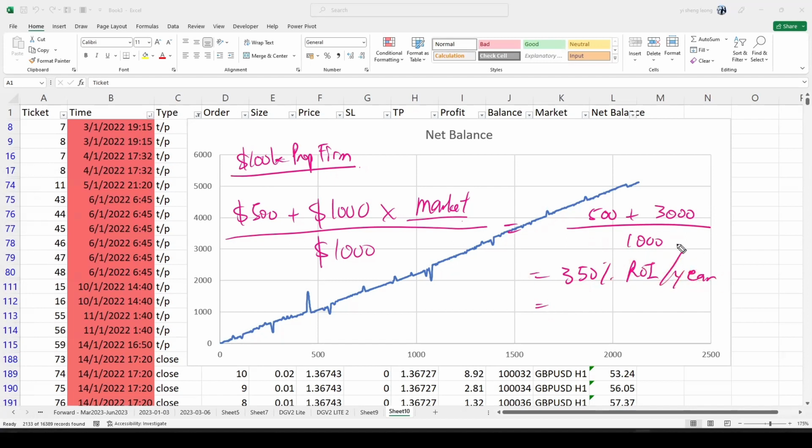How much is it in a month? 29.1% ROI per month by just having three markets.